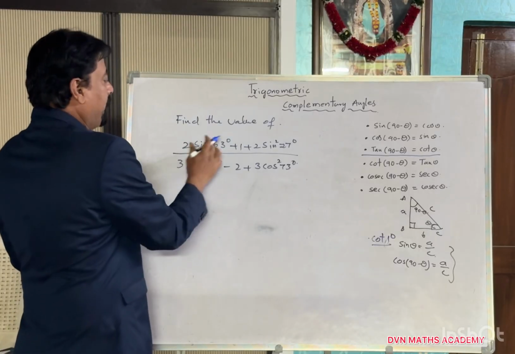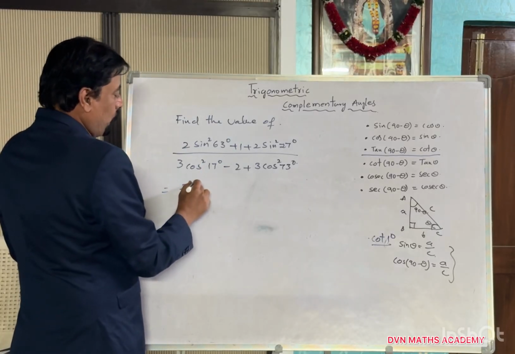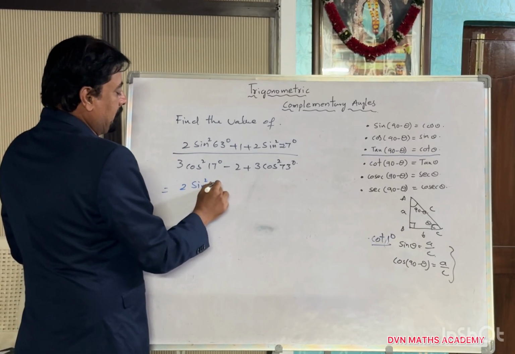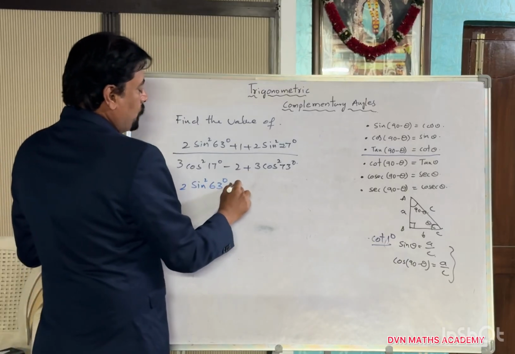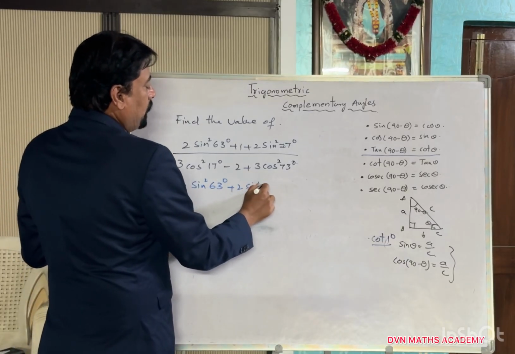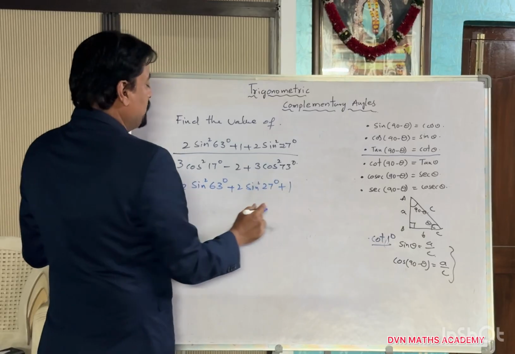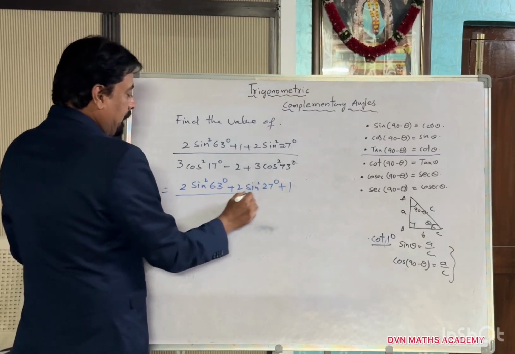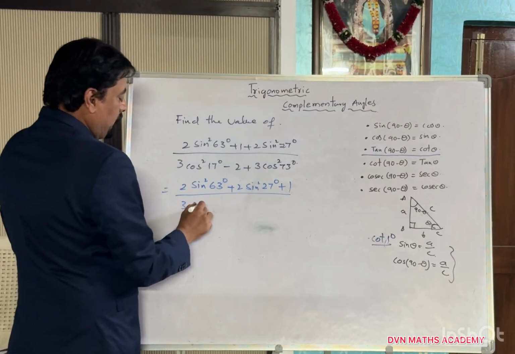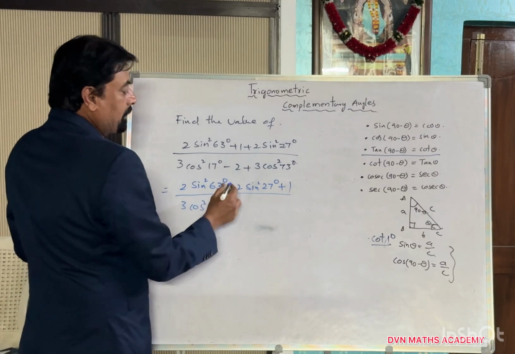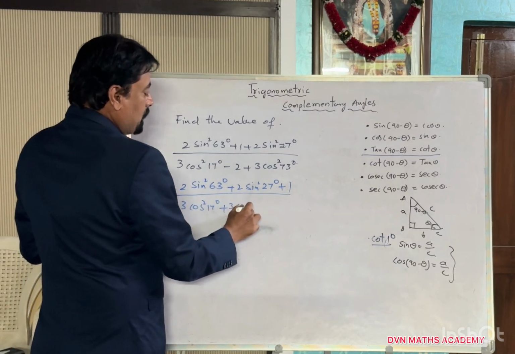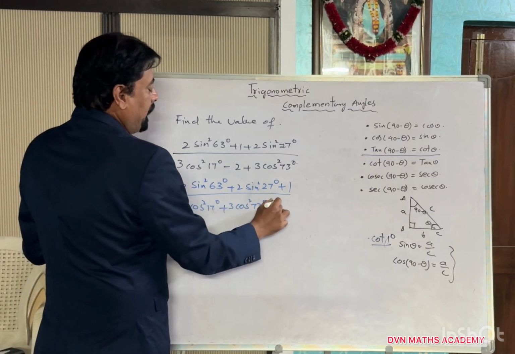For example, if I write the question like this, 2 sine square 63 degrees plus 2 sine square 27 degrees plus 1, I just changed the order, and the denominator also, 3 cos square 17 degrees plus 3 cos square 73 degrees minus 2.